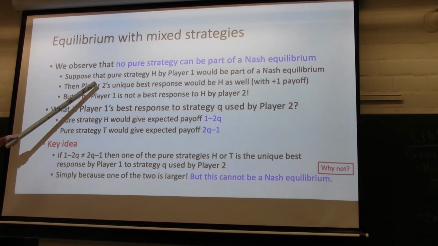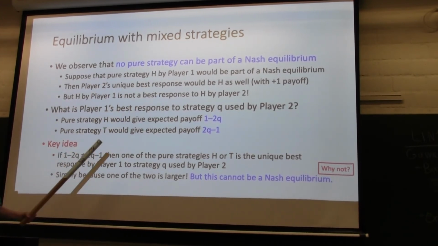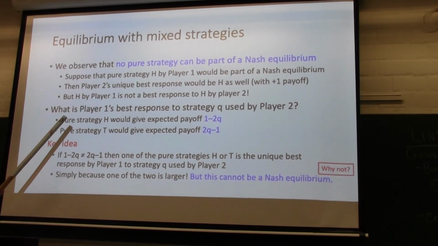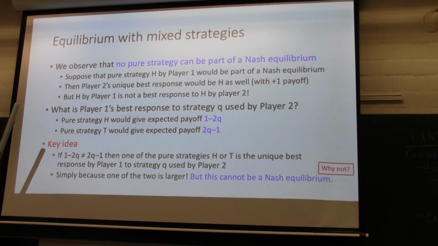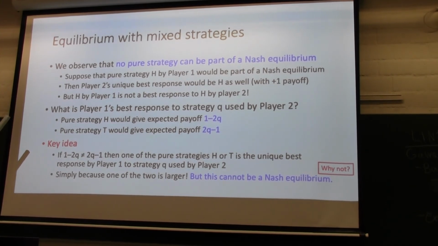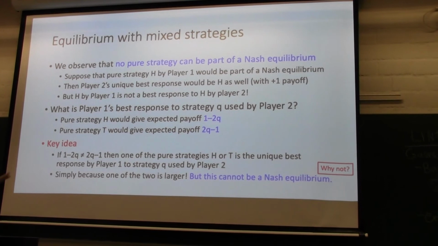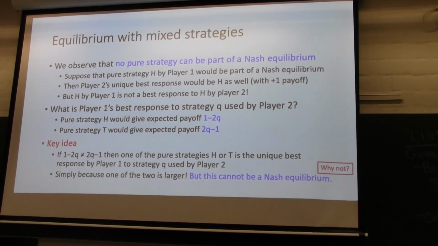Suppose that a pure strategy, that means either H or T, will be part of an equilibrium, then player 2's unique best response is also pure. But that doesn't work. We know that, because we know there's no pure Nash equilibrium. So the best response has to be also something mixed.